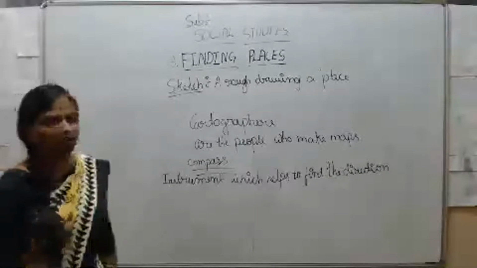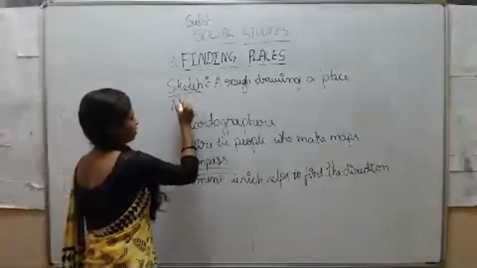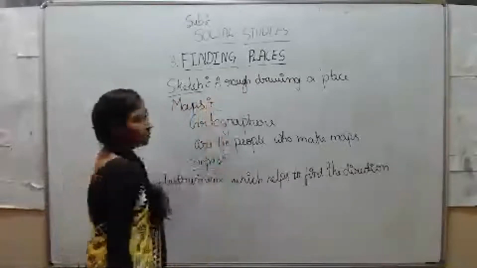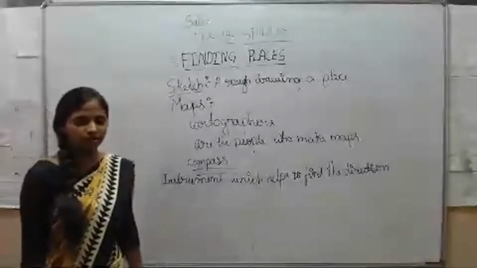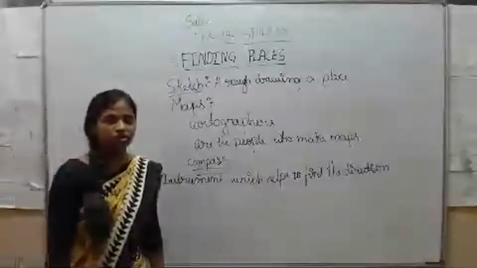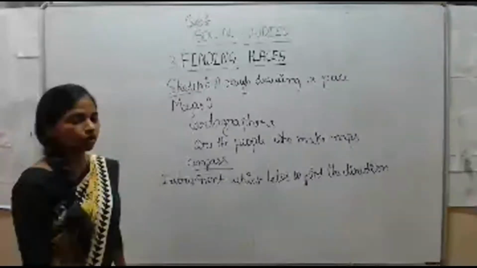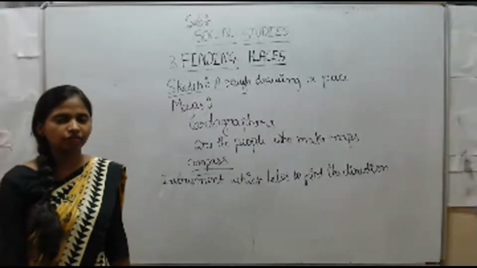And also we have learned about the maps. So what do you mean by maps? I hope you remember. Maps are nothing but the drawing or the directions which are written on flat surfaces.